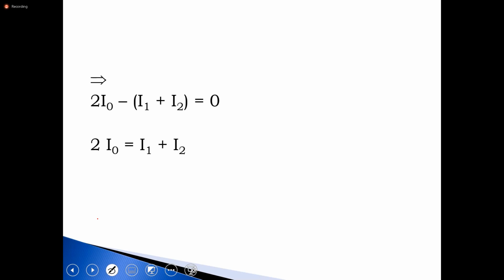Now, big question. What is I0 equal to for what we are looking at? We have two lines coming in contact with each other. What is I0 equal to? Everybody? Is it 0?